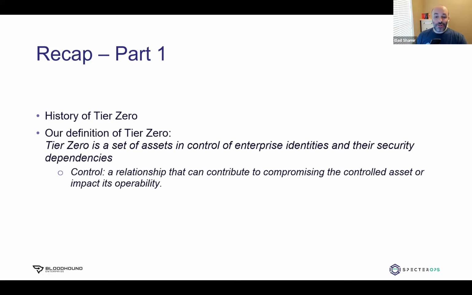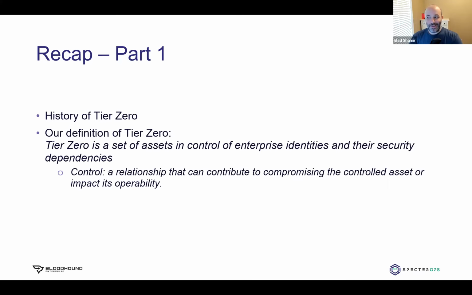Because Microsoft no longer maintains the definition for tier 0, we took the liberty of pulling apart their original definition, identifying flaws in it, and coming up with what is, in my very biased opinion, a better definition.